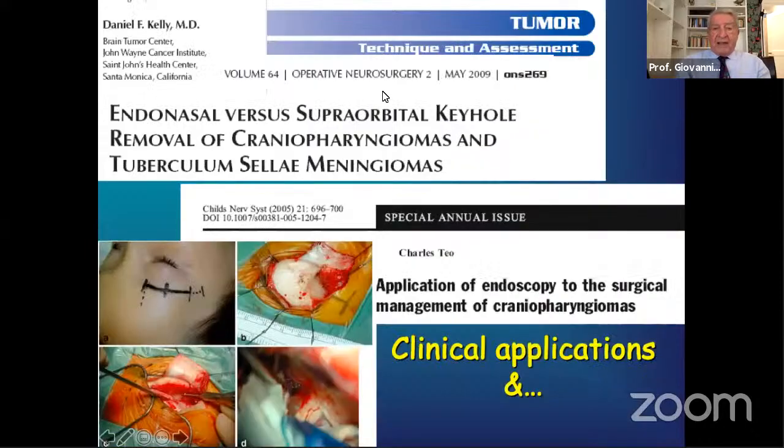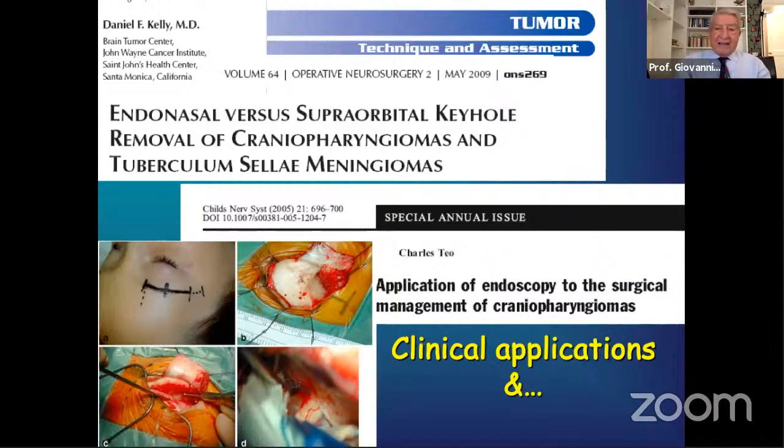There is a very interesting contribution from Daniel Kelly about using the endonasal versus supraorbital approach for a particular type of skull base pathology, the craniopharyngioma and tuberculum sellae meningioma. And I think that is quite important.